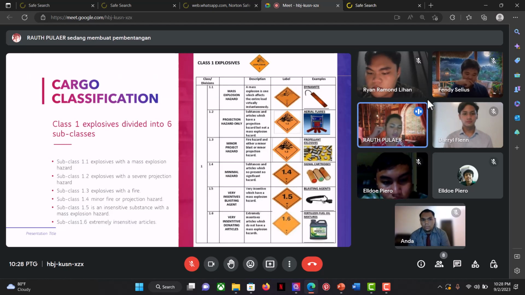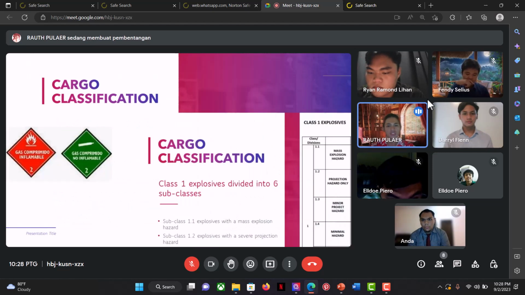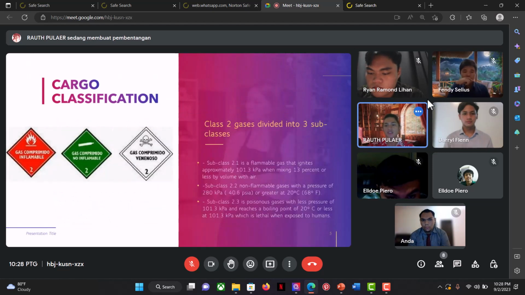I'll be moving to the second class, which is class 2, gases, divided into 3 subclasses.